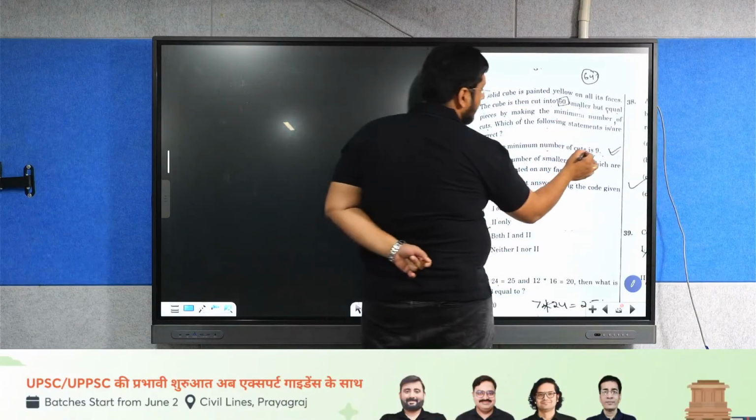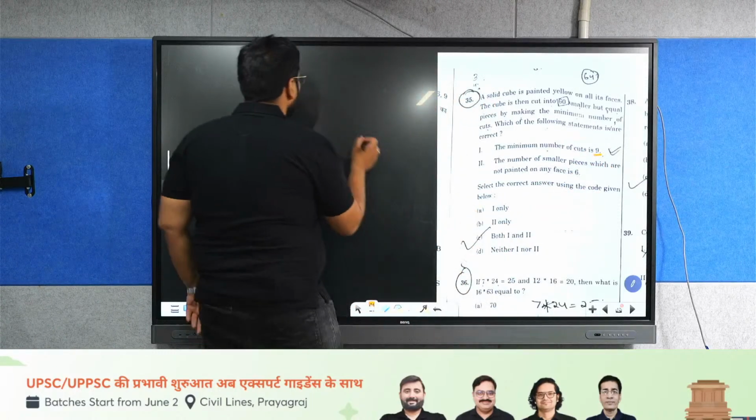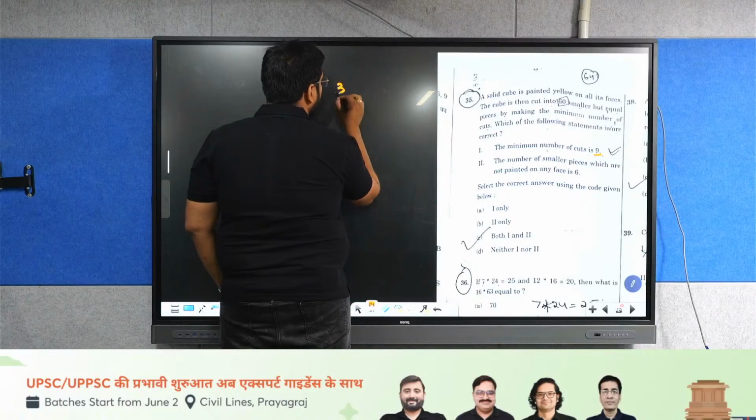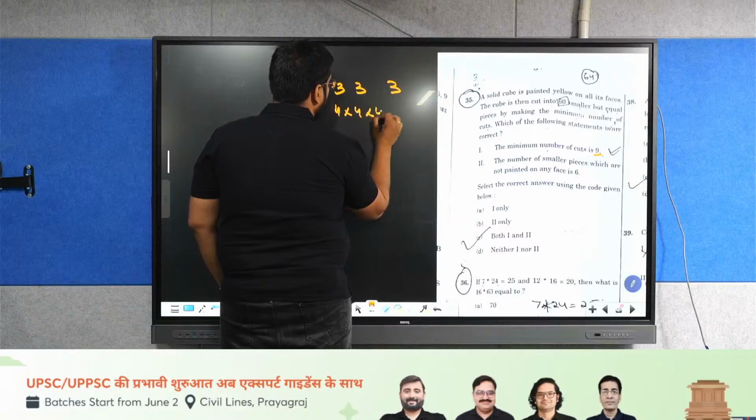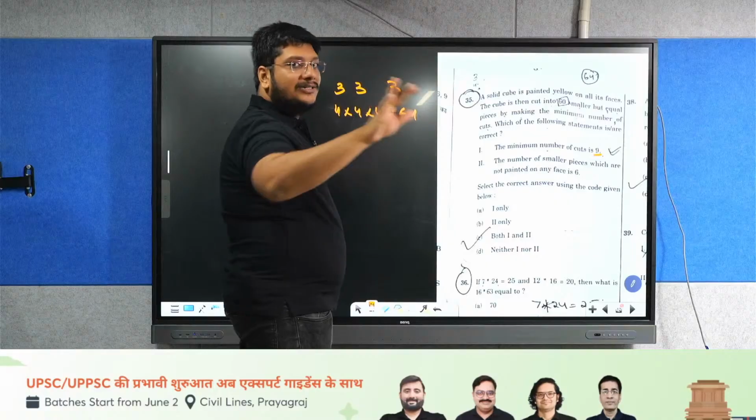Minimum number of cuts is 9. It says in 9 cuts we can make 60 cubes. Can we? Let's check. If we make 3 cuts, 3 cuts, 3 cuts, we'll be in a position of 4 into 4 into 4, 64 cubes. That means equal distribution is not there.